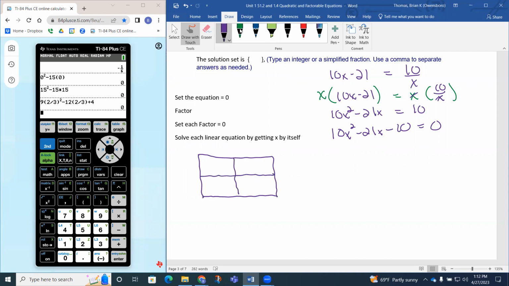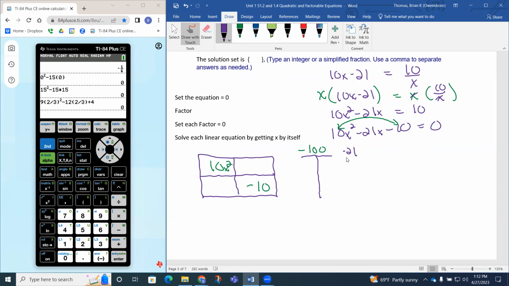In the box method, the quadratic term, the 10x squared, goes in the top left. The constant, the negative 10, goes in the bottom right. The catch is, since there's this leading coefficient, we have to multiply the leading coefficient by the constant. So 10 times 10 is going to be this negative 100. We have to try to find the factors of negative 100 that give me a negative 21.